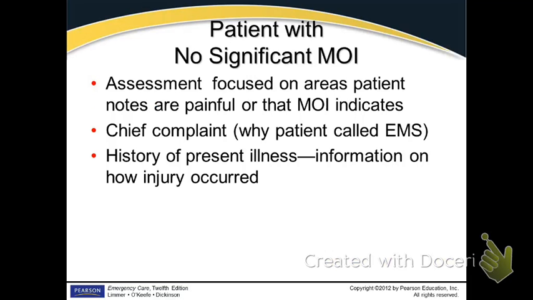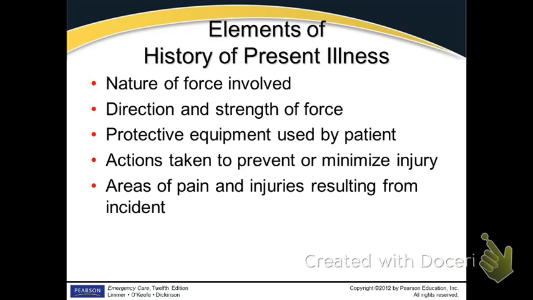But with no significant mechanism of injury, or what's sometimes labeled as a minor trauma, like a fall from a standing position, or a minor wreck or something like that, then you have to investigate it probably more like a medical, as you gather the information. You start looking at, was a gun involved? Is it a stabbing? Is it a car versus car versus tree?